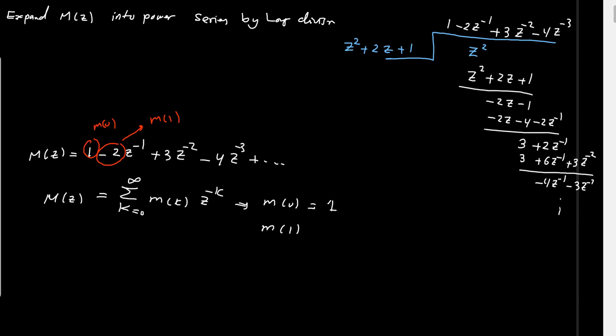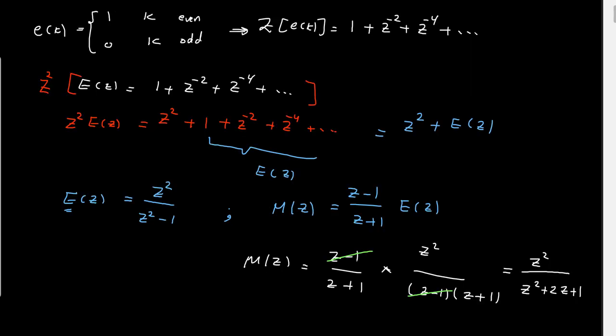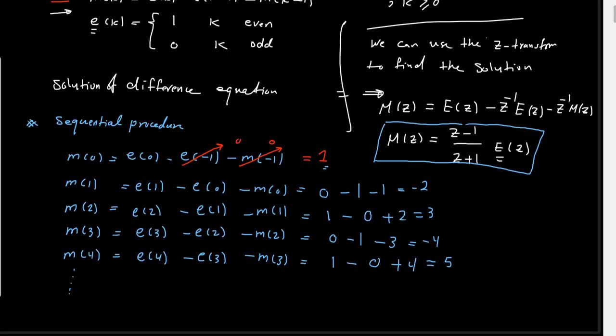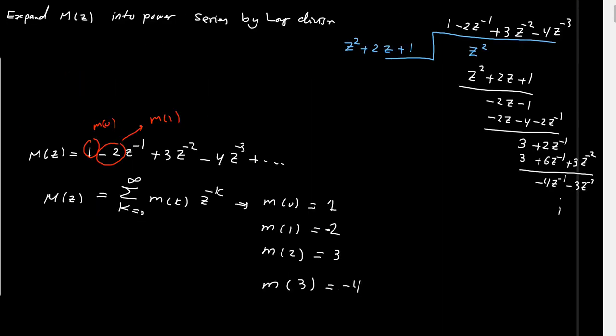And M(1) will equal minus 2, M(2) will equal 3, and M(3) will equal minus 4. Now if we compare this solution with the sequential procedure, 1, minus 2, 3, and minus 4, it will be the same: 1, minus 2, 3, and minus 4.